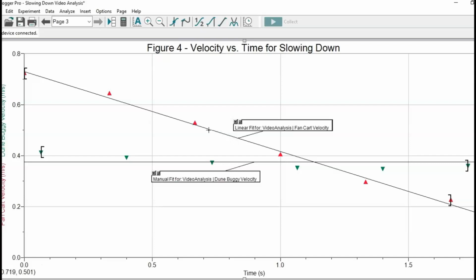For an object that's speeding up, the velocity line is going to start closer to the time axis and move away from the time axis. It doesn't matter whether you're in the positive region or negative region of the velocity time graph. If an object is slowing down, the line is going to move towards the time axis.